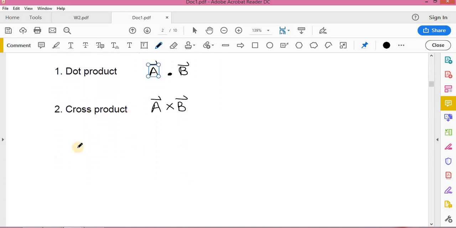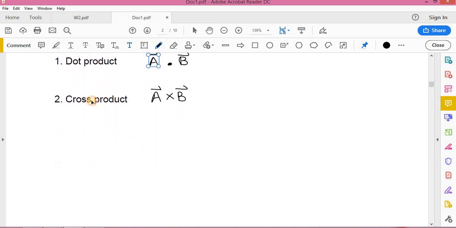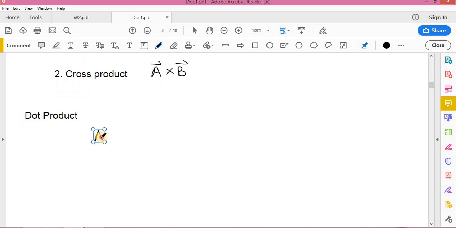So we move on to the dot product first. The formula used to calculate the dot product is A dot B equals the magnitude of A, times the magnitude of B, multiplied by cos theta AB.